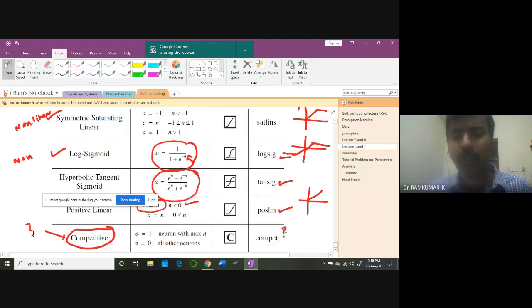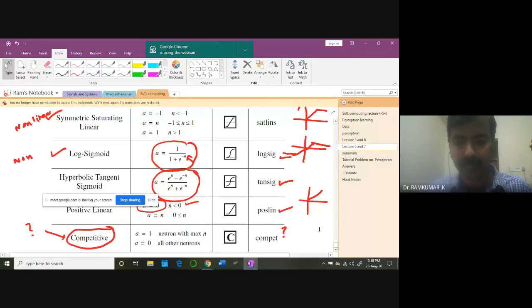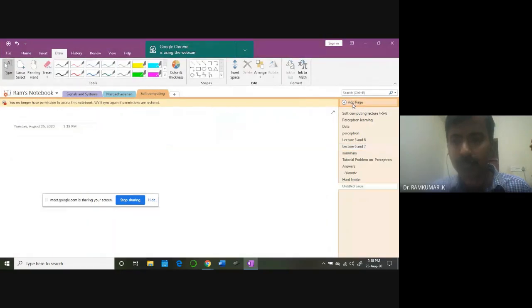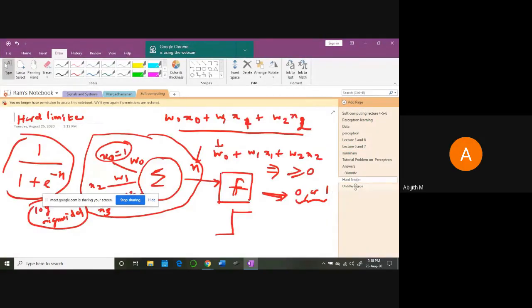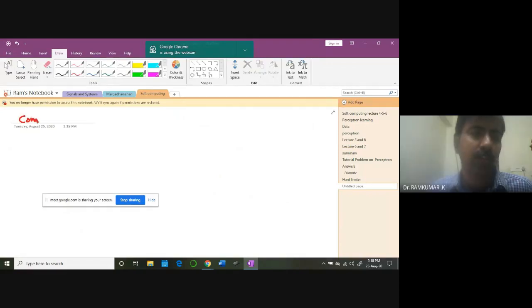No. Okay, one value is one. Anything else? Anything you are deriving from this expression? Competitive. What do you mean by competitive? Sir, maybe the highest possible value we get as the output. That is right. Who is that?